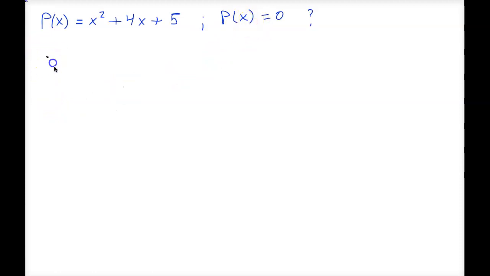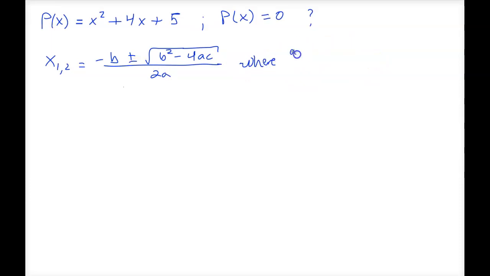So here we know from the quadratic formula that it's going to be negative b plus or minus the square root of b squared minus 4ac, all of that over 2a, and we need to identify what our a, b, and c are.